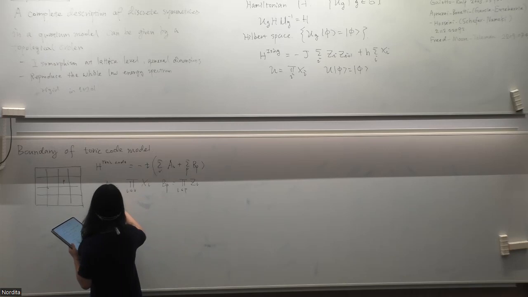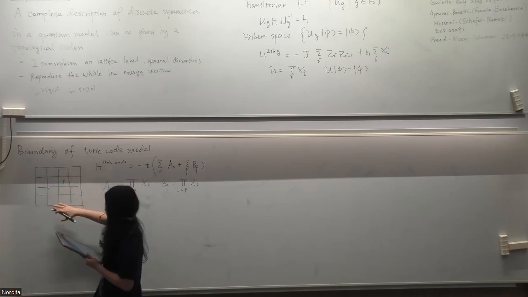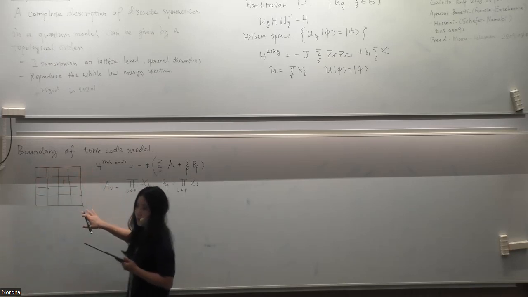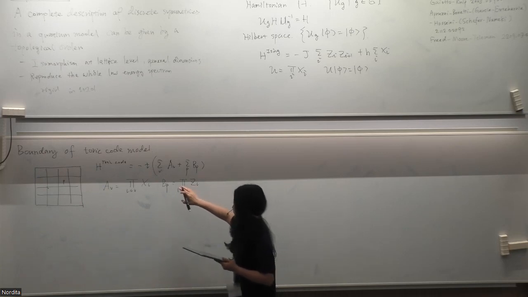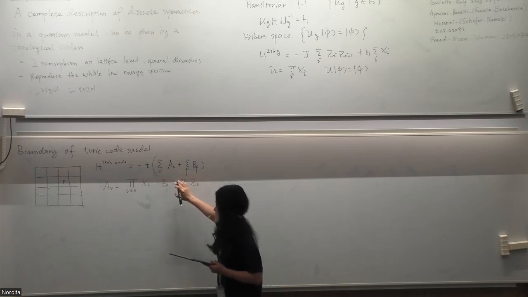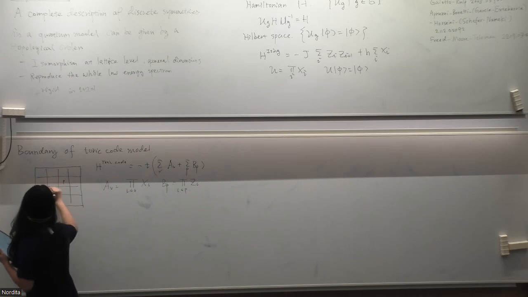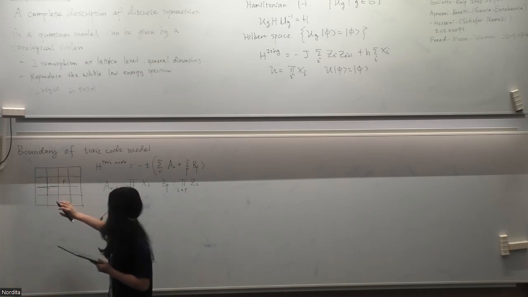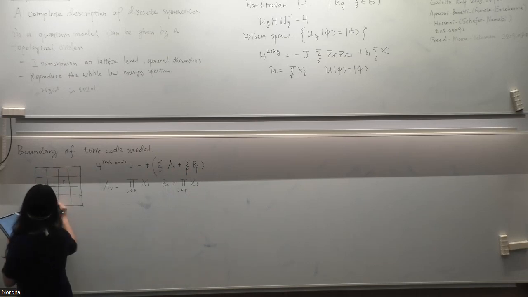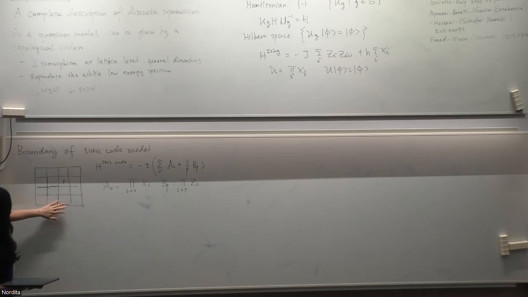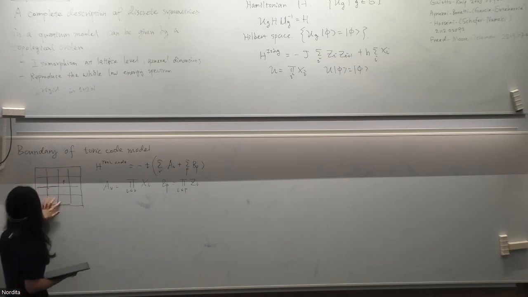And in our setting, we consider this model with a boundary. That means we're only going to include those vertex terms and plaquette terms that are entirely within this lattice. So we remove this term, it looks like a vertex term, but since it's not totally within the lattice, it's removed.